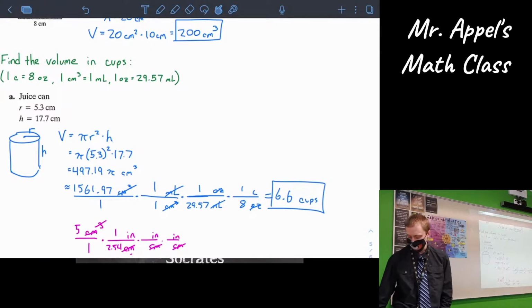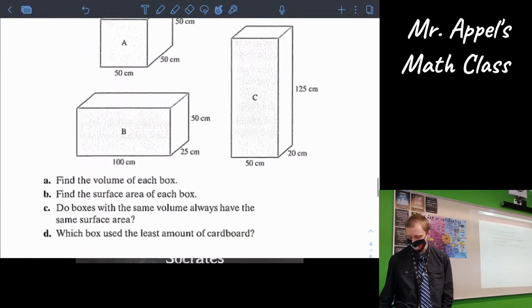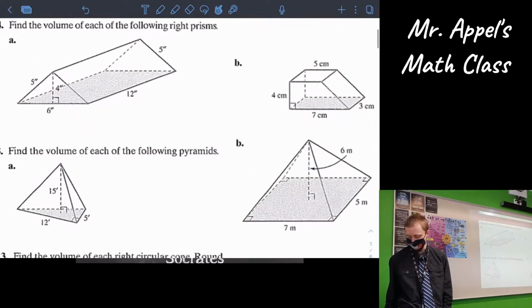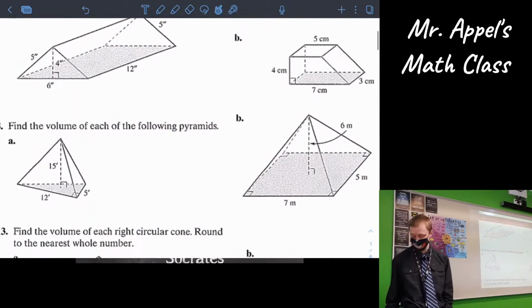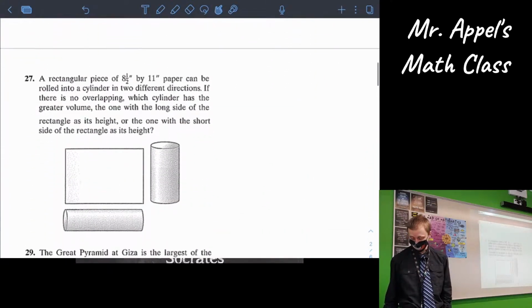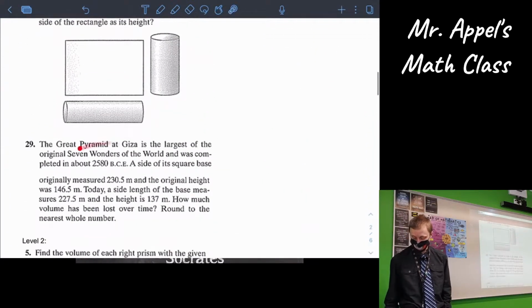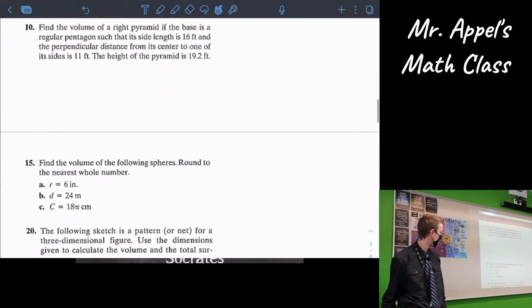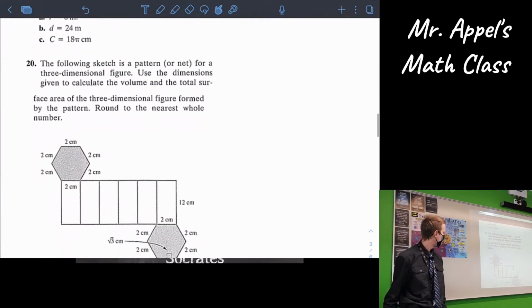Okay, we've got 2 problem sets this week. As I've done before, most of this one is going to be basic shape practice. Find the volume. And we get our one nice application there with the Great Pyramids. Unless you go up into level 2s, which are a little bit more abstract, but still fairly straightforward.